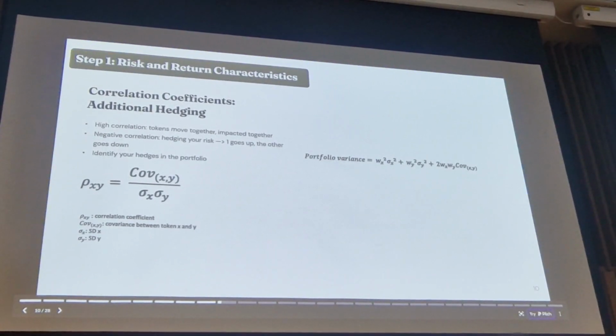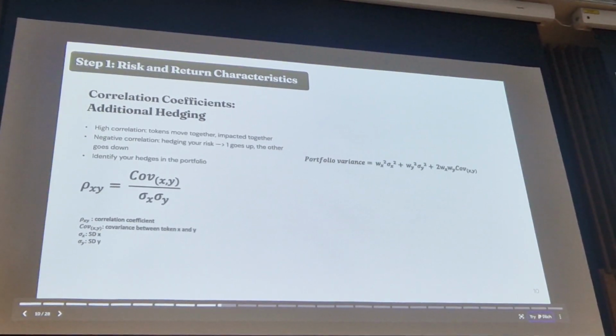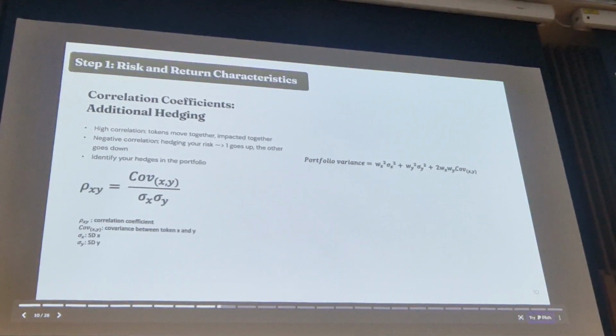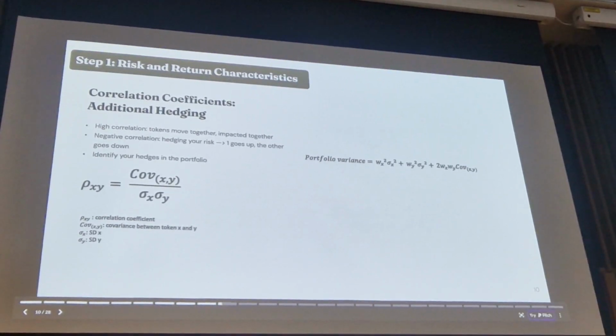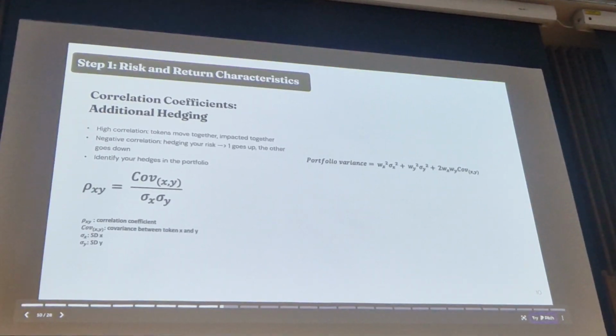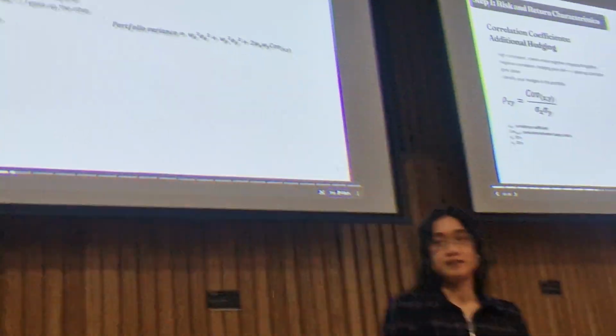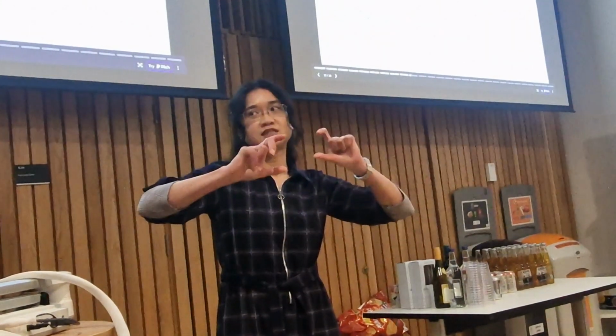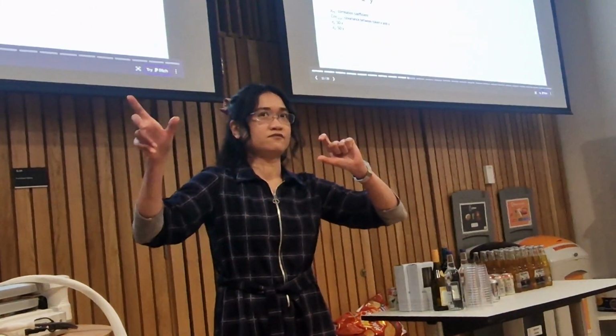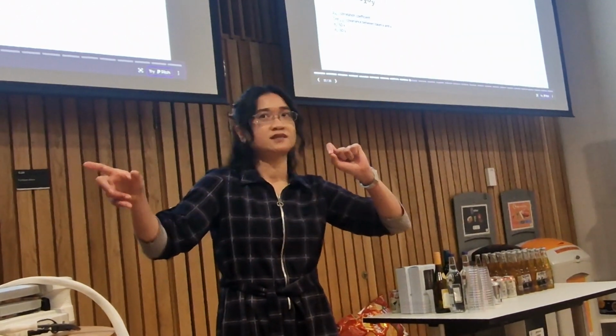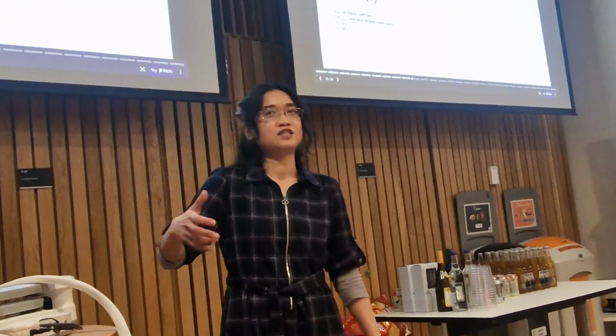Hedging is minimizing the risk. And you can evaluate that with a measure called the correlation coefficient, the Greek letter rho here. And the covariance is basically the multiplication result, the product of the correlation coefficient and the standard deviation of 2 assets.